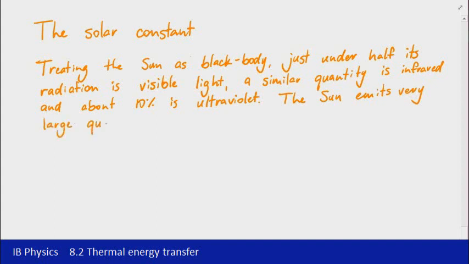And if you think about the Sun, big sphere, it radiates that energy in all directions. And what that basically means is that only a small percentage actually arrives on Earth.